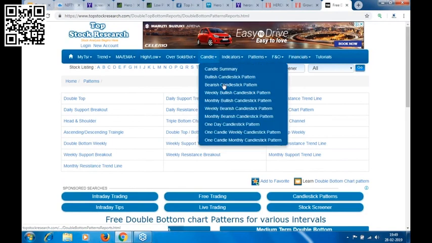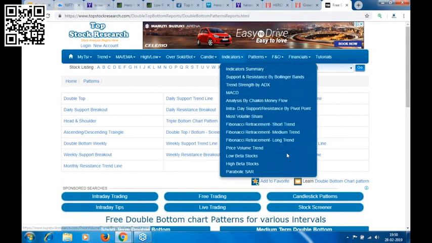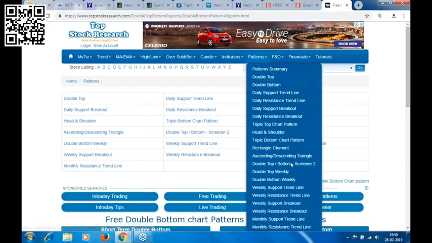Candlestick patterns. Based on candlestick patterns, you can filter out stocks. Bullish candlestick pattern, bearish candlestick pattern, weekly bullish candlestick patterns, based on indicators. Then based on patterns: double top, double bottom, triple top chart, head and shoulder, rectangle channel.